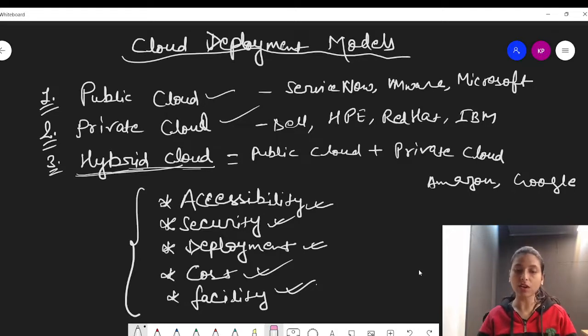So hybrid cloud is generally used in the sector of banking, finance, government, because there is a need of such a cloud which will be giving the facility of public cloud as well as private cloud. So hybrid cloud is used for having those kinds of facilities.